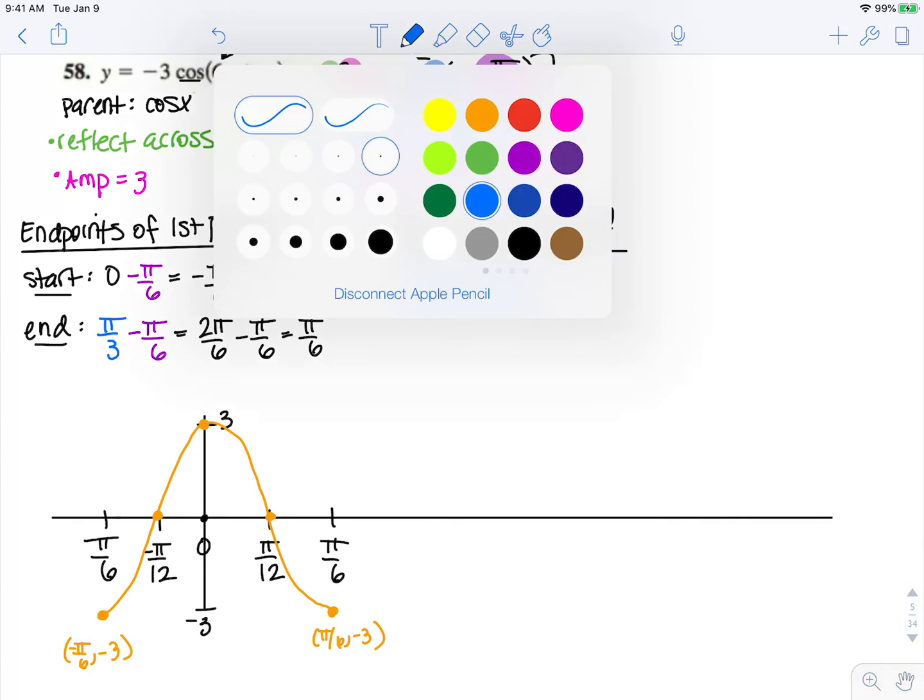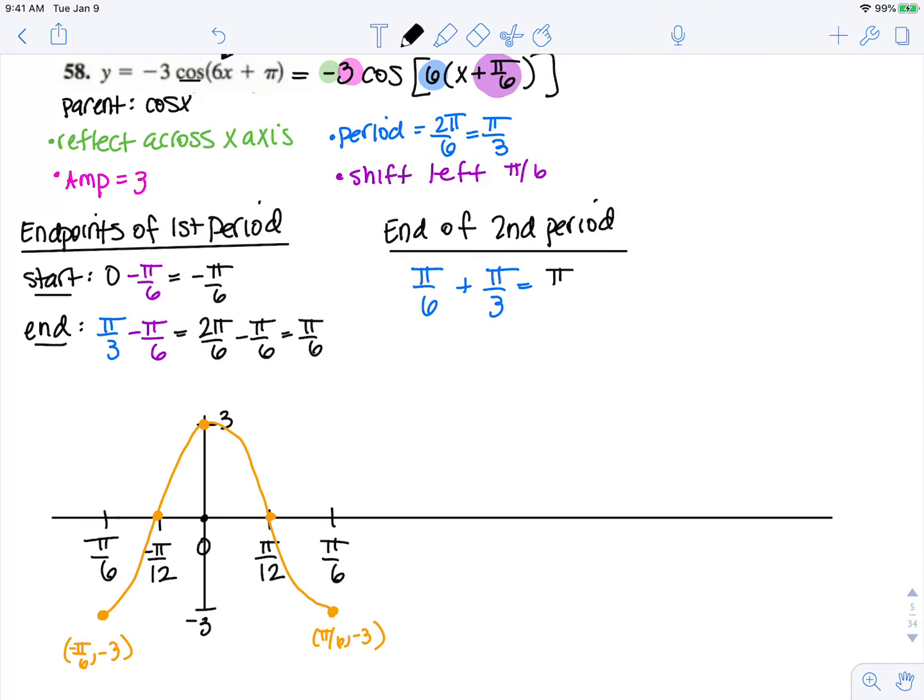So that is pi over 6 plus 2 pi over 6, which is 3 pi over 6, or pi over 2. So that means here I'm going to go over to pi over 2.